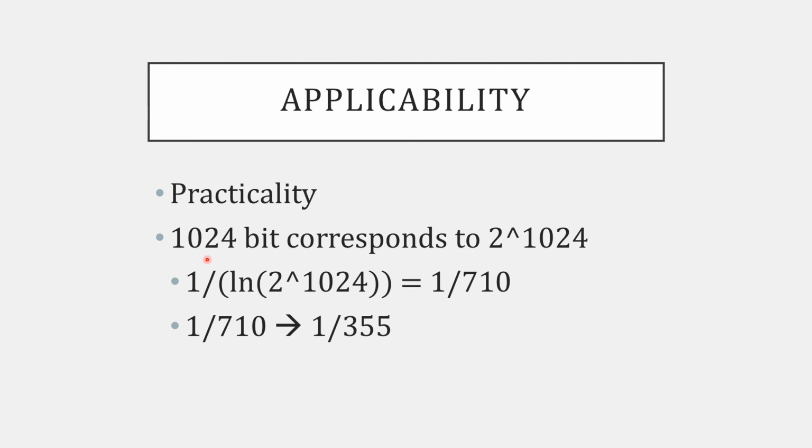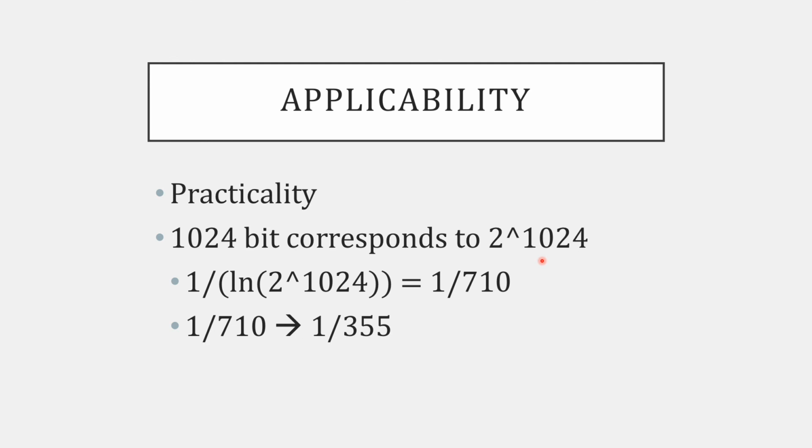For the 1024-bit prime numbers that are used to generate the 2048-bit semi-prime numbers n in RSA encryption, we can represent the 1024-bit primes as 2 to the 1024 power, which corresponds to 309 digits.